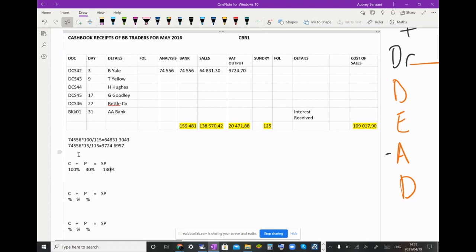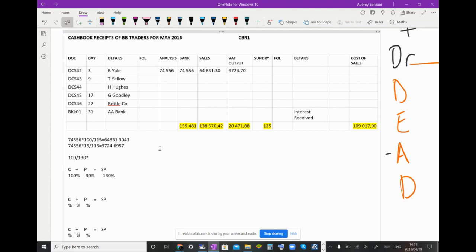Now, in order to calculate our cost, remember what we said? What we want, which is 100, our cost, divided by what we have, which is the selling price, 130, times the rand amount that we have.